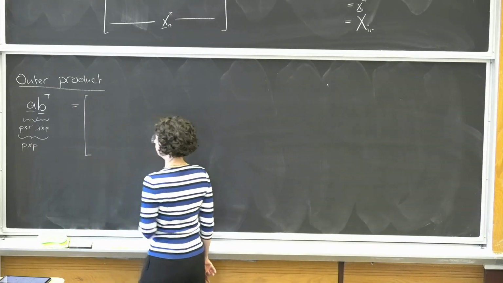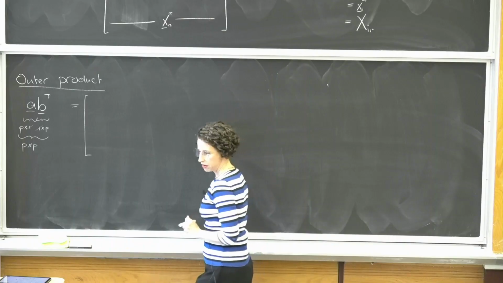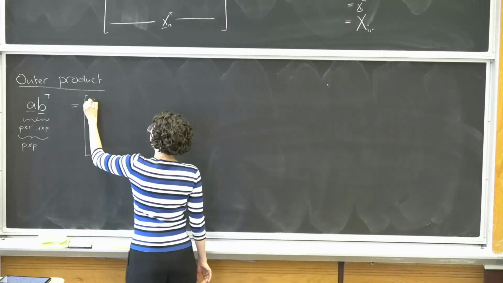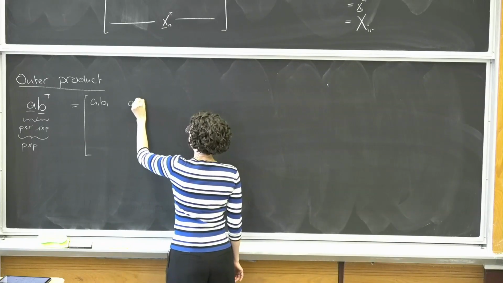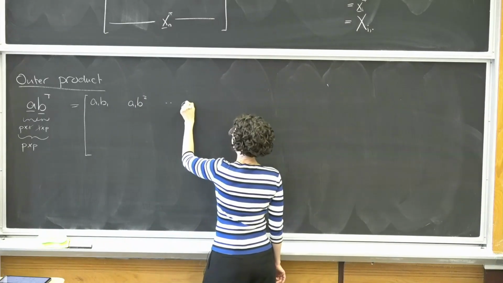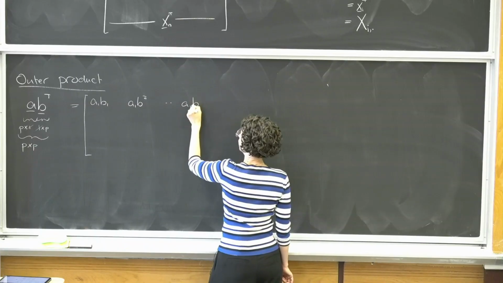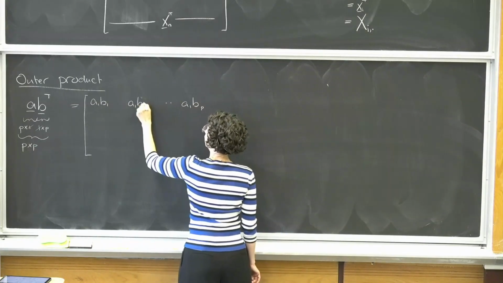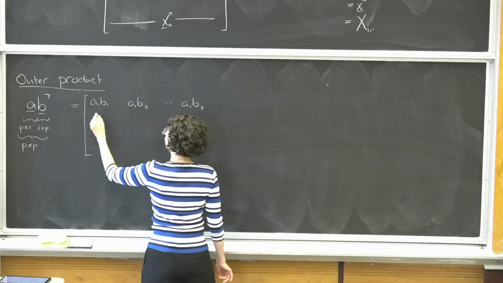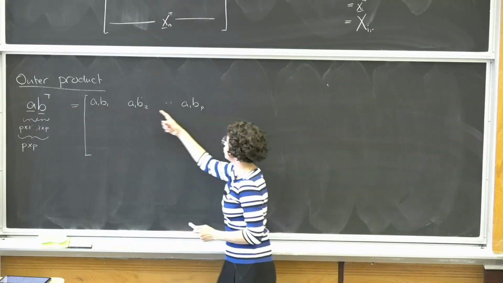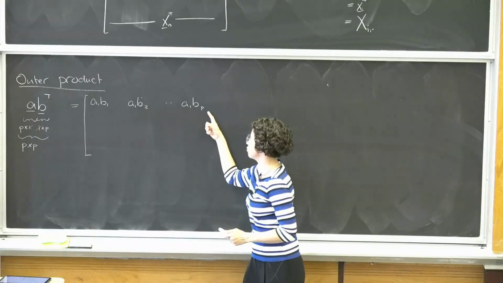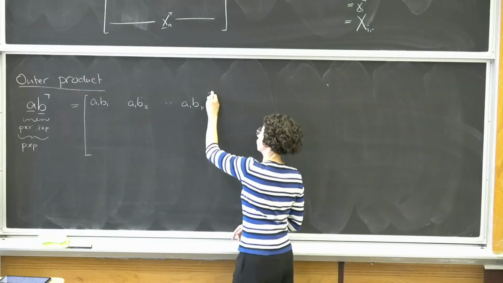And what's in that P by P matrix? Basically, we're going to have A1 B1, A1 B2, all the way to A1 BP. So basically we've got A1, the first entry of A, times the entire vector B transpose, and that gives us our first row.